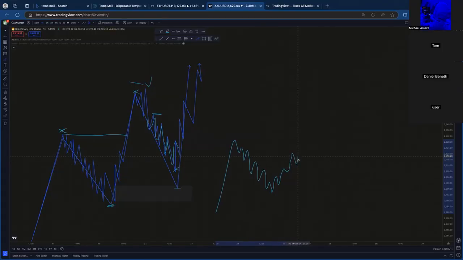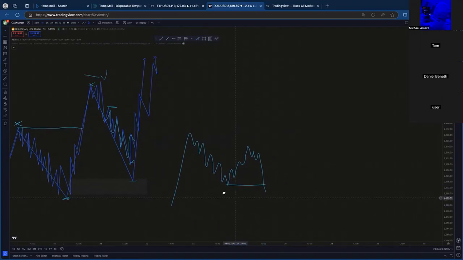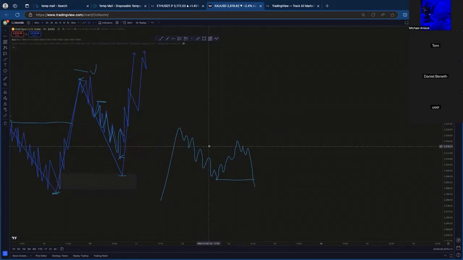And then it takes out this low. You'd say this is a failure swing. Relax. But what if price continues again and takes out this high?